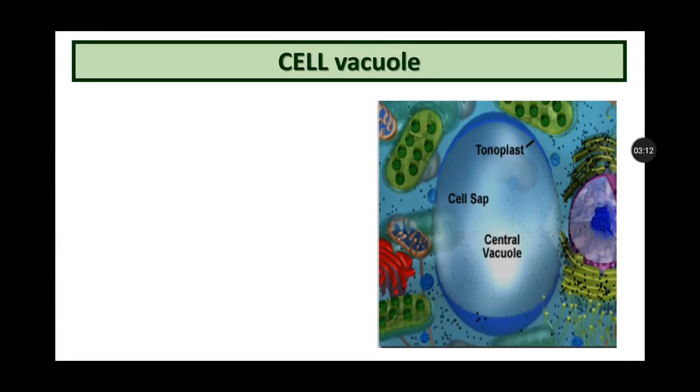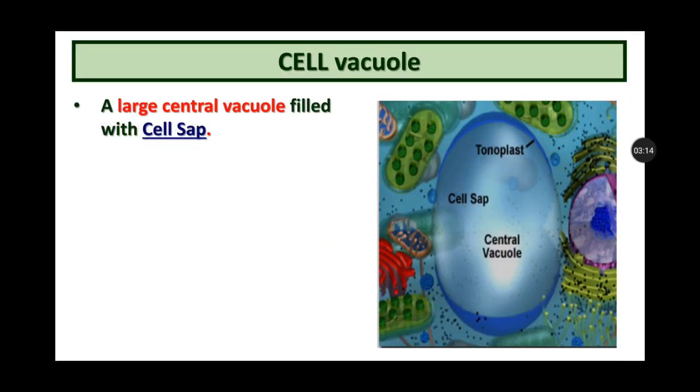Okay, the cell vacuole. In the animal cell, we learned that animal cells have a lot of small membrane bounded fluid filled sacs known as vacuoles. But in the plant cell, there is only a single large central vacuole which is filled with cell sap.